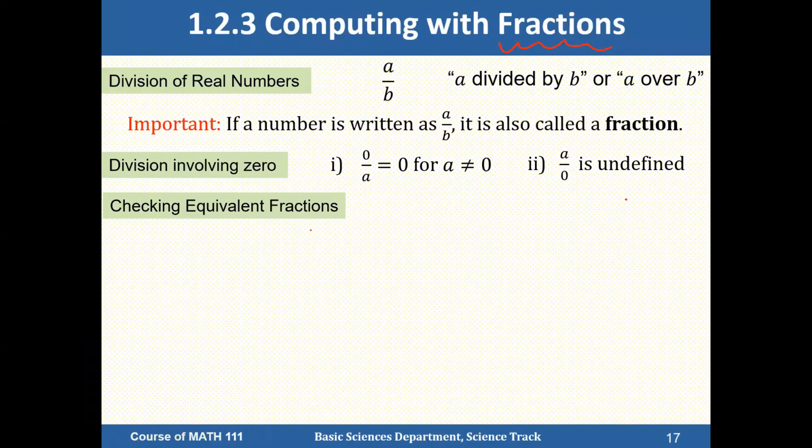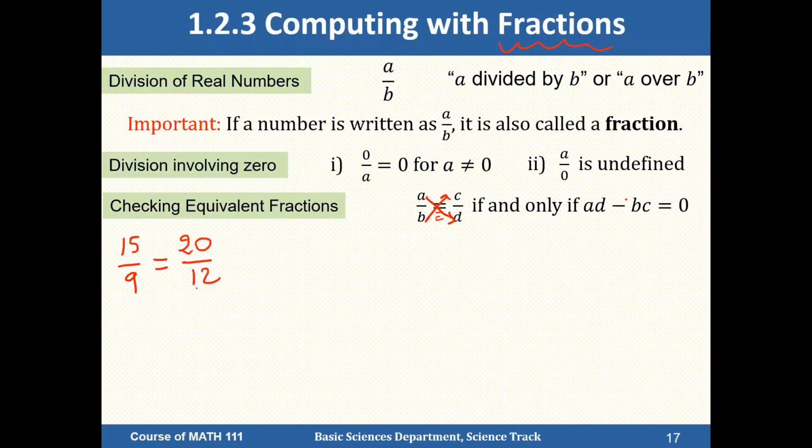How to check equivalent fractions? We said that two fractions A over B and C over D are equal if AD minus BC equals 0. Let me give you an example: 15 over 9 is equal to 20 over 12.